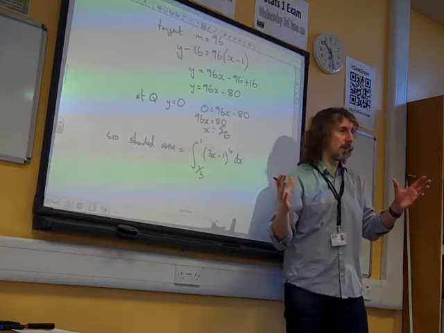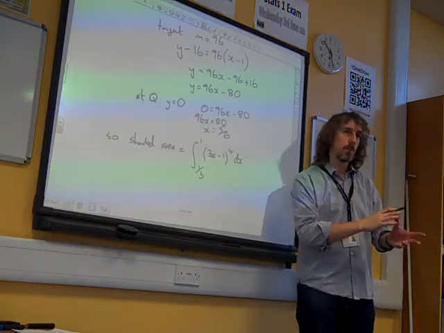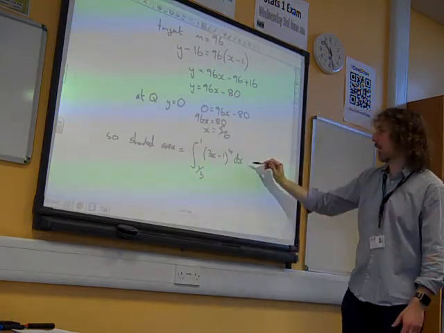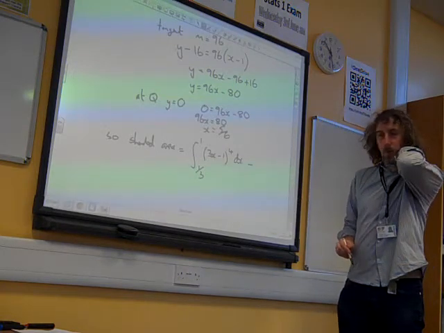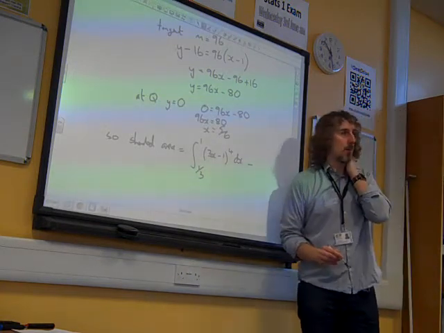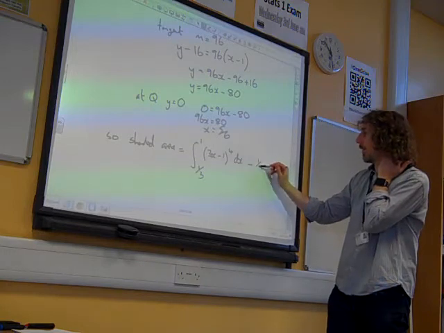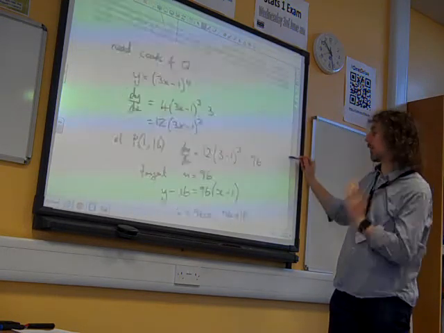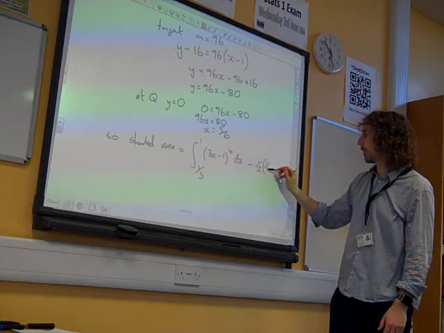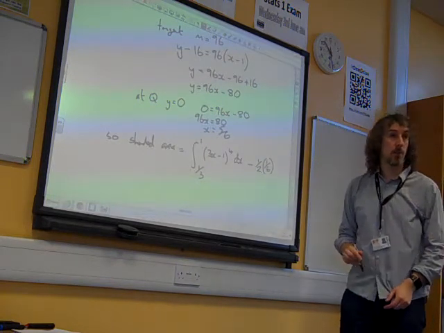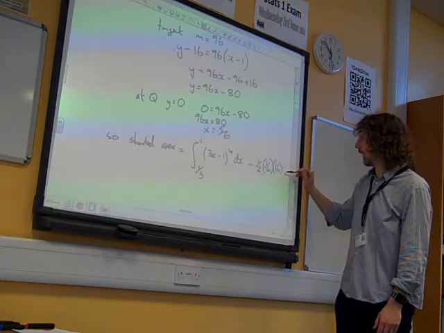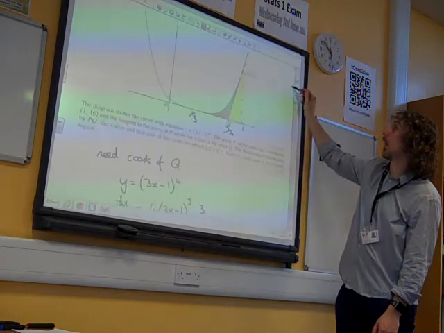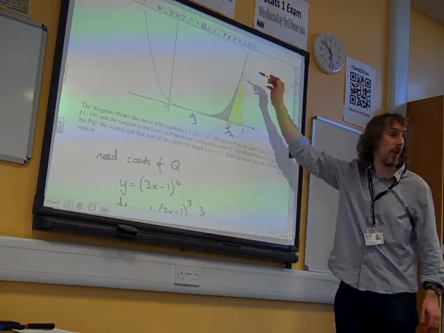That's the whole bit. Take away that triangle. And that triangle, I think I've just worked out the area as being half base times height, and that's a half times the base, which is a gap of 1/6, times the height, which is 16, isn't it? Because the y coordinate there is 16, that height is 16.